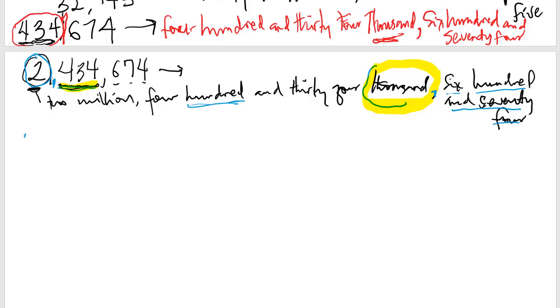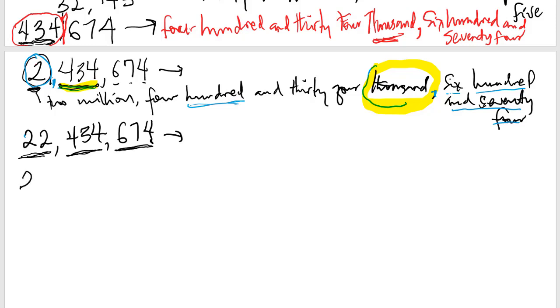Let's say we have this. So this will be read as 22,434,674. Okay, we'll move on to the next one.